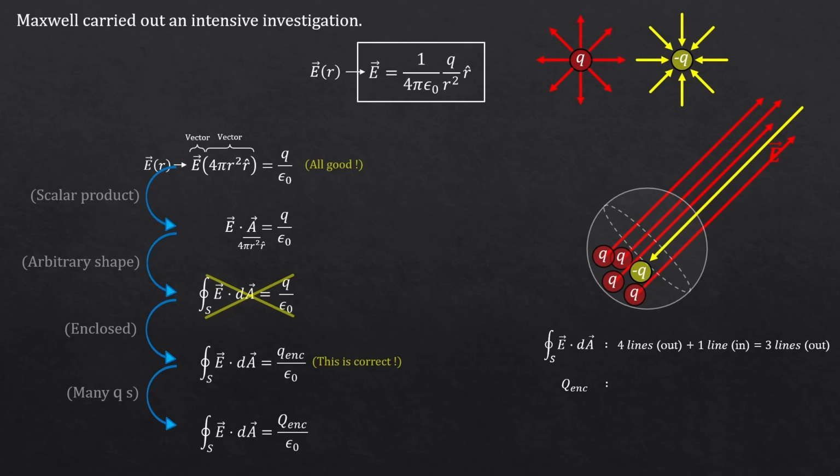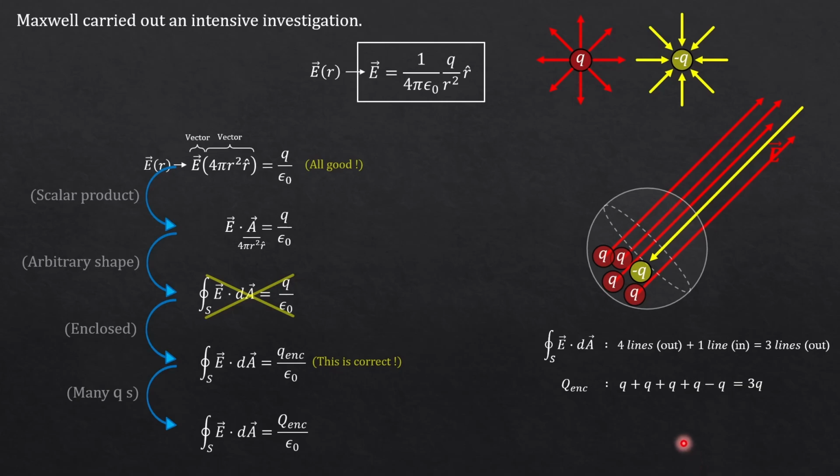And what is our total Q enclosed? 4 plus Qs and 1 minus Q, so 3 Qs. 3 lines out and 3 Q enclosed. Everything makes sense. So if we integrate all the electric field coming out of the enclosed region, we can know the total charge in there.